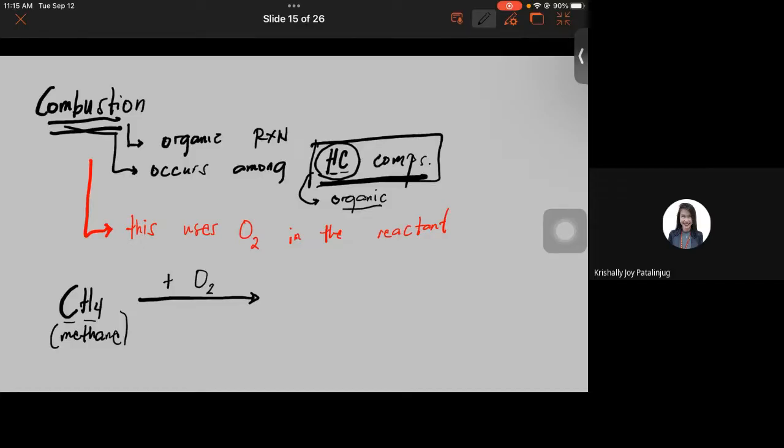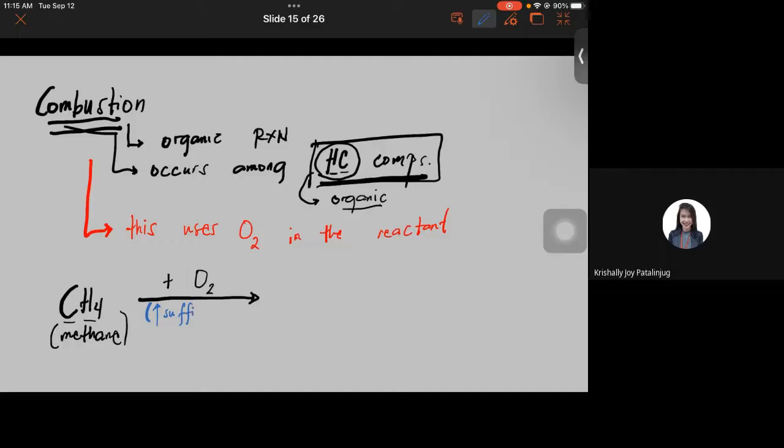Now, the product of combustion reaction in hydrocarbon compounds will depend on the sufficiency of oxygen supply. Again, the product here will depend on the enough supply of oxygen. So let's say, for instance, in this reaction, I have written the oxygen supply is enough, so sufficient.